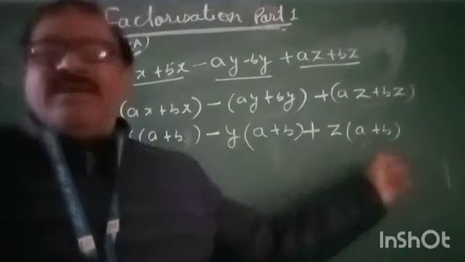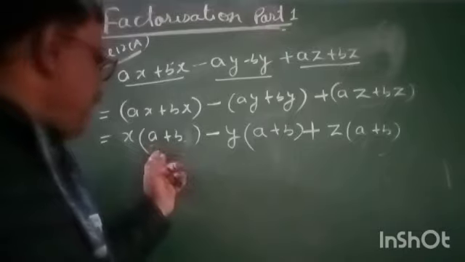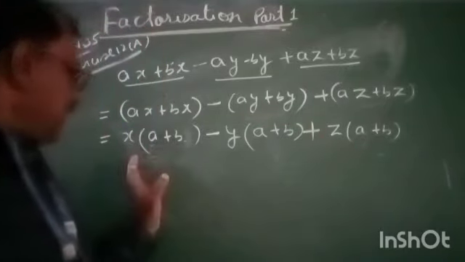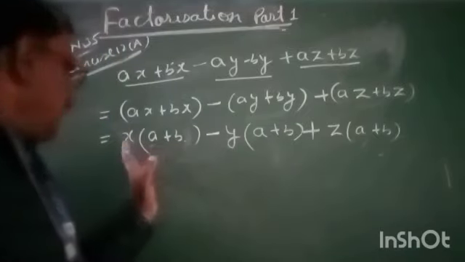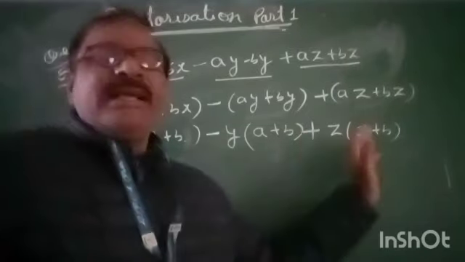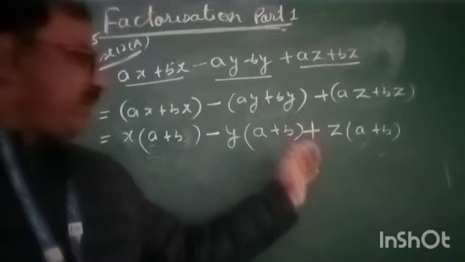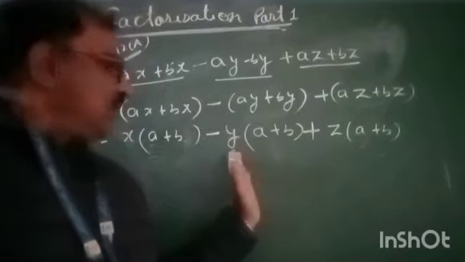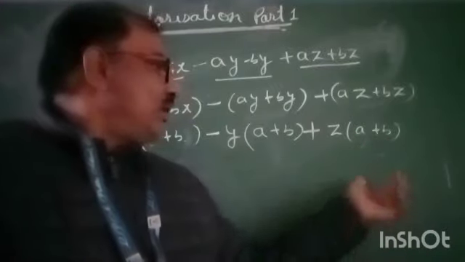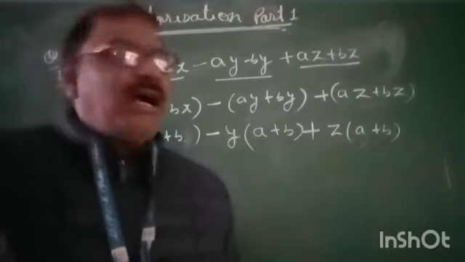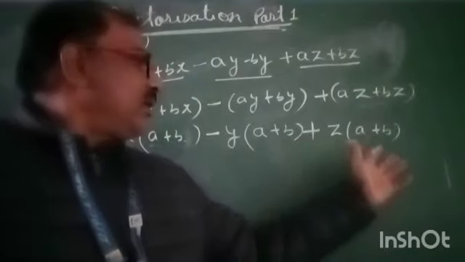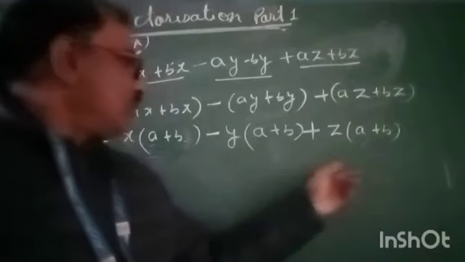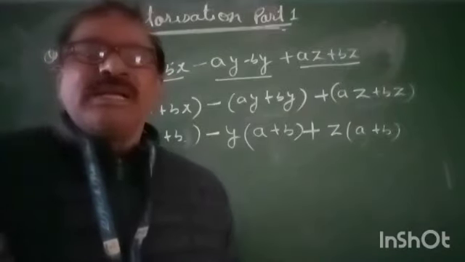So dear student, as you see here, this is three terms: x times a plus b, minus y times a plus b, and z times a plus b. And here a plus b is common in these three terms. So a plus b is the greatest common factor, or we can say we take a plus b as common in three terms.